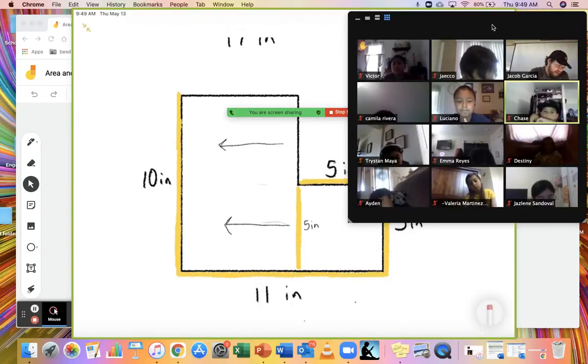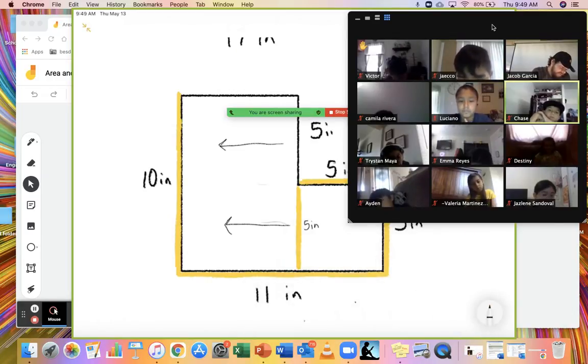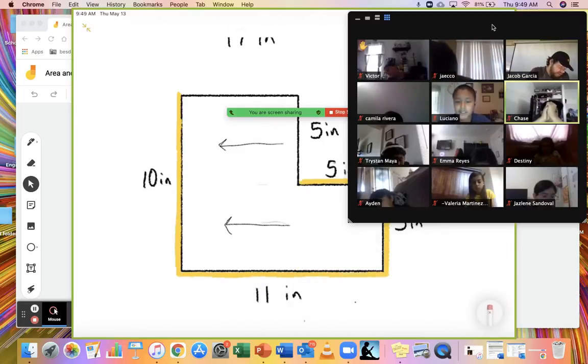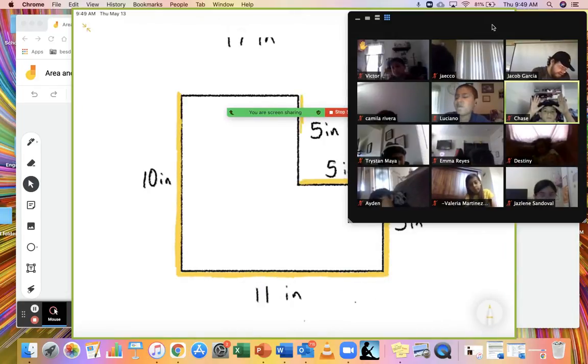This missing side right here will be 5. And we can do something similar with this side right here. So go ahead, everybody. Go ahead and solve for the last missing side.